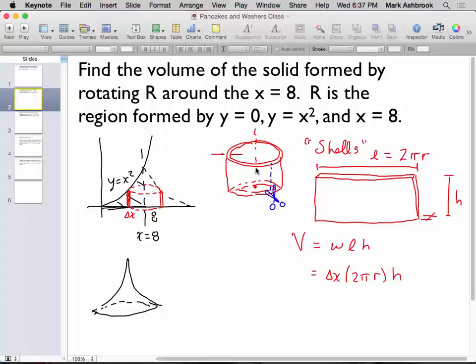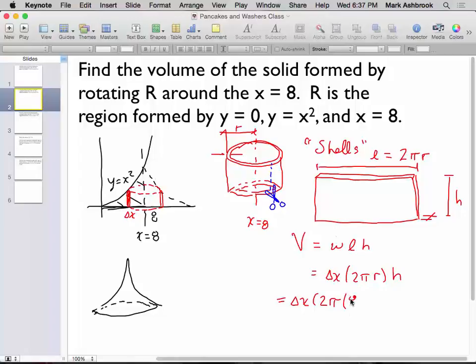Here's the center of it, and the center is at x equals 8. So the radius is that dimension right there. With all your practice with washers and shells, that should be attainable. How would we write an expression for that radius? This is a difference in x's. It'd be final x, which is 8, minus the x coordinate of our curve.